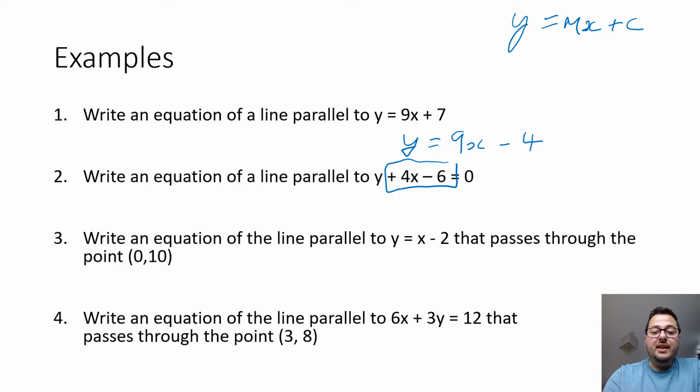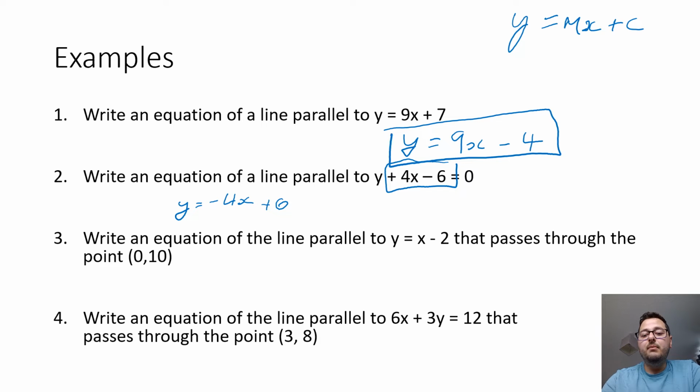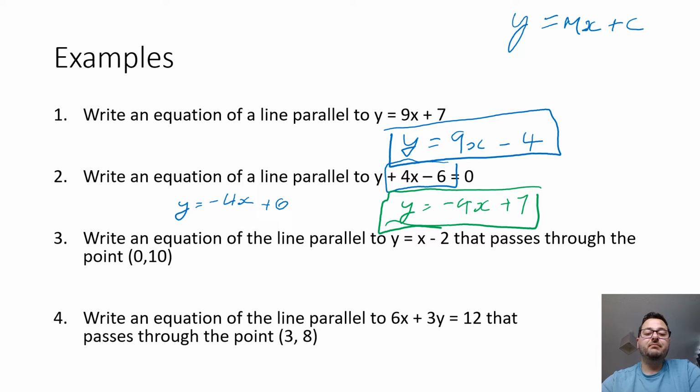So rearranging this will give us y equals minus 4x plus 6. And we just want a line parallel to that. So let me just box off these answers. A line parallel to this just needs a minus 4 in front of the x. So let's have y equals minus 4x plus 7.